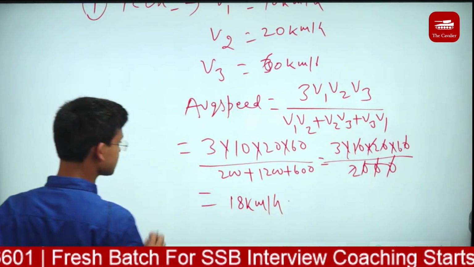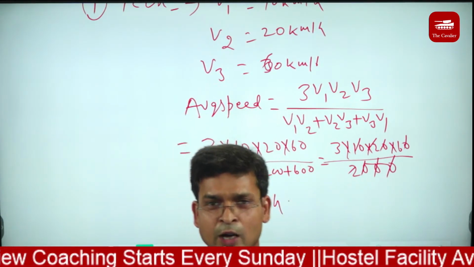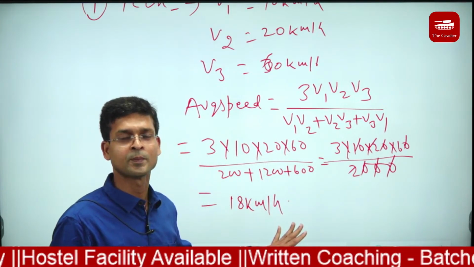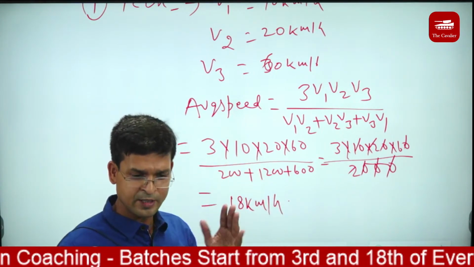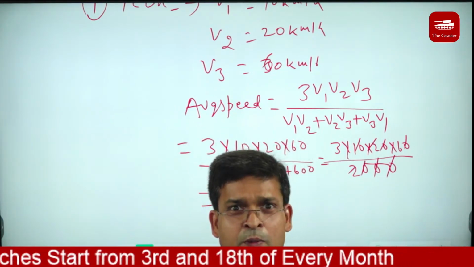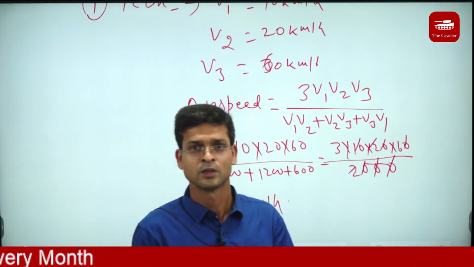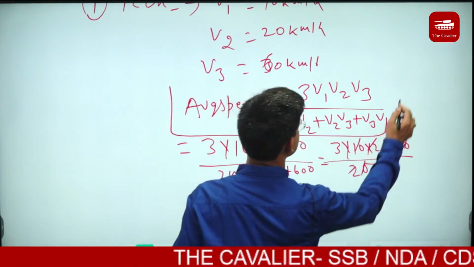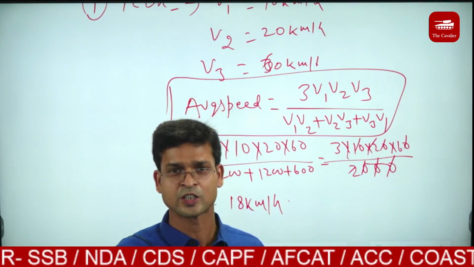In every question you are given options, and the exact value of the average speed is 18 km per hour. This is the easiest way to find the average speed. Otherwise, it will be more complex. You will follow the general method. We have to apply the formula to get the direct result. These are the formulas for the average speed.